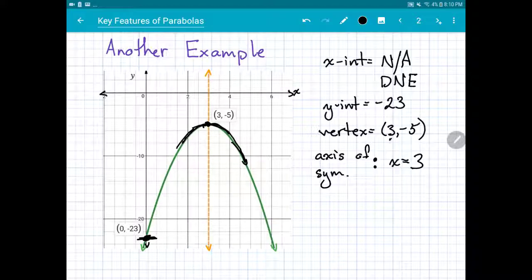And you may have noticed that these numbers are always the same. Okay, and I can't tell if it's wider or not because I don't have the equation for this and I don't have the original graph. So let's leave that off, and just keep in mind that that's an important thing that we'll have to check. So those are just a couple of quick examples helping us identify the features for a quadratic function or a parabola.